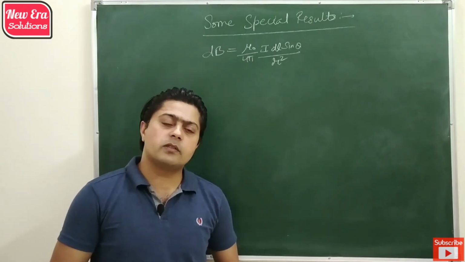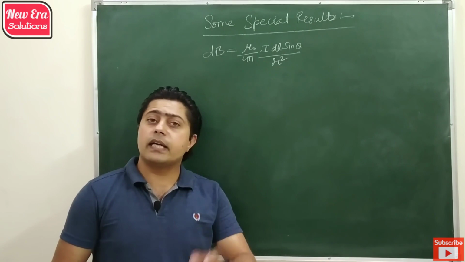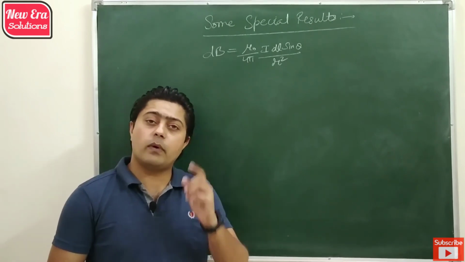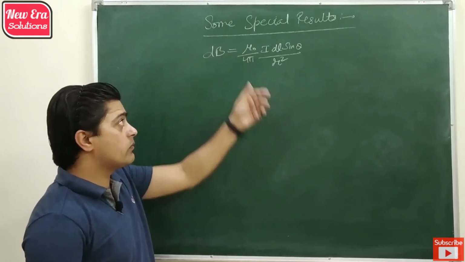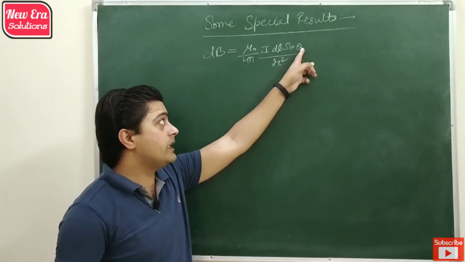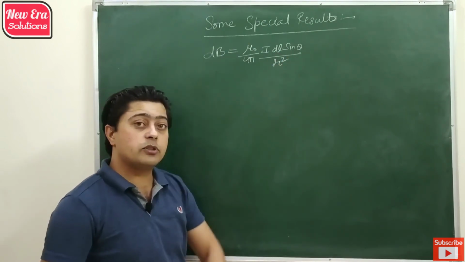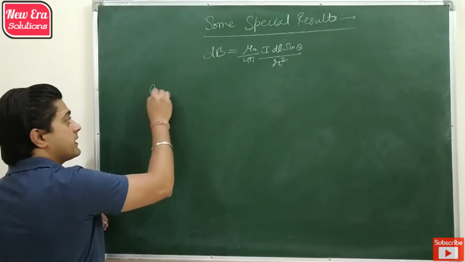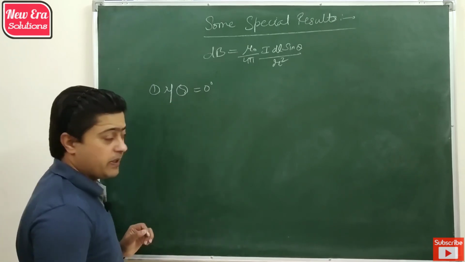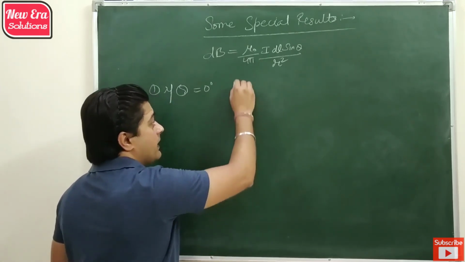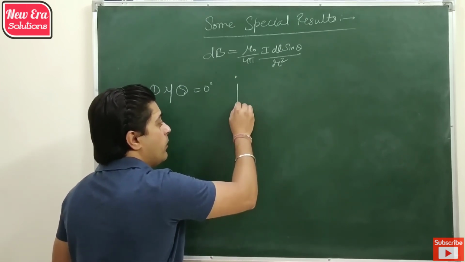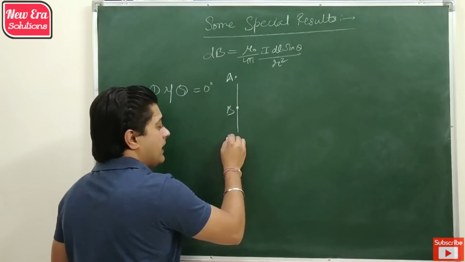Now let's discuss some special cases related to the magnetic field produced by a current carrying conductor. From Biot-Savart's law we have dB is equal to mu naught by 4 pi I dl sin theta by r square, where theta is the angle between the current element and the position vector. In the first case, if theta is equal to 0 degree, it means the point lies on, above or below the current carrying element.